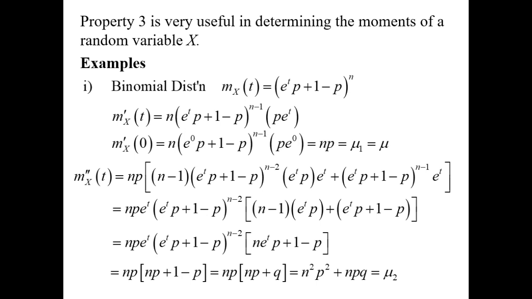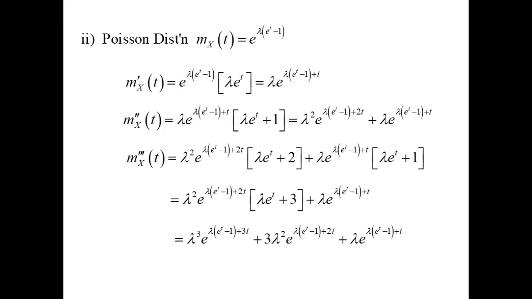The next example is the Poisson distribution. Here also find the derivatives of e raised to lambda into (e raised to t minus 1). Find the first derivative and put t is equal to 0, and we'll get the first moment. Find the second derivative and put t is equal to 0, and we'll get the second moment.